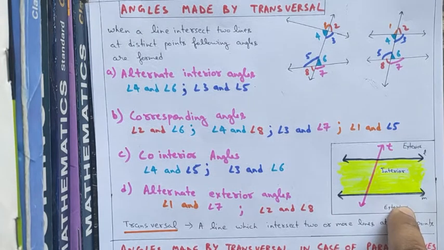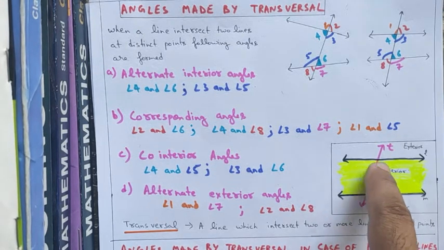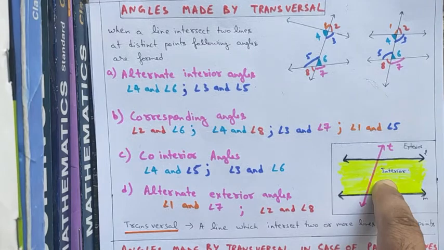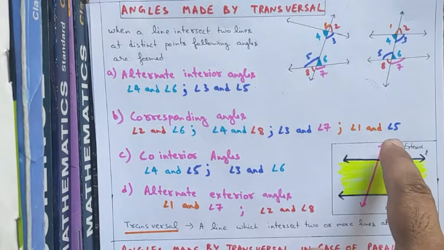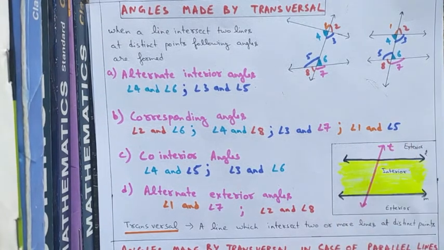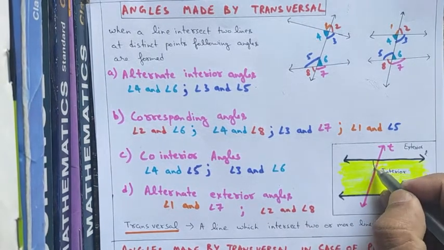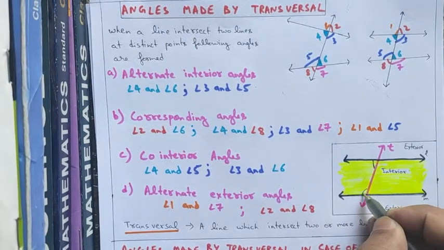That is the reason why the angles formed in the interior region are called interior angles, and the angles formed in the exterior regions are called exterior angles. This is an interior angle, this is an interior angle.